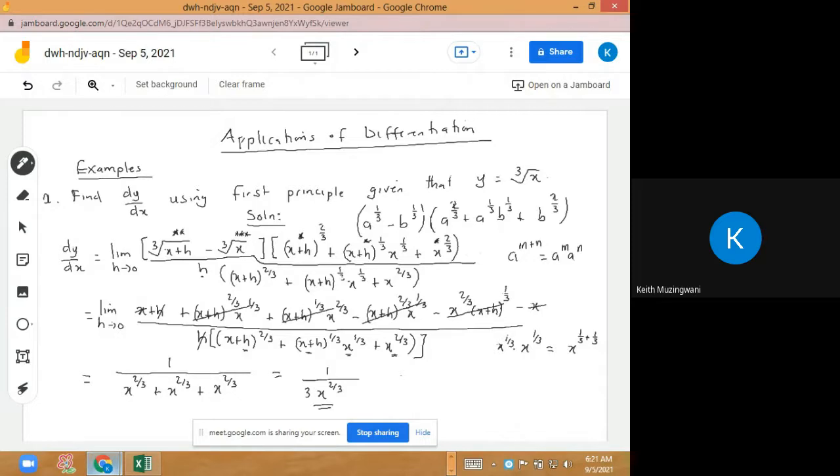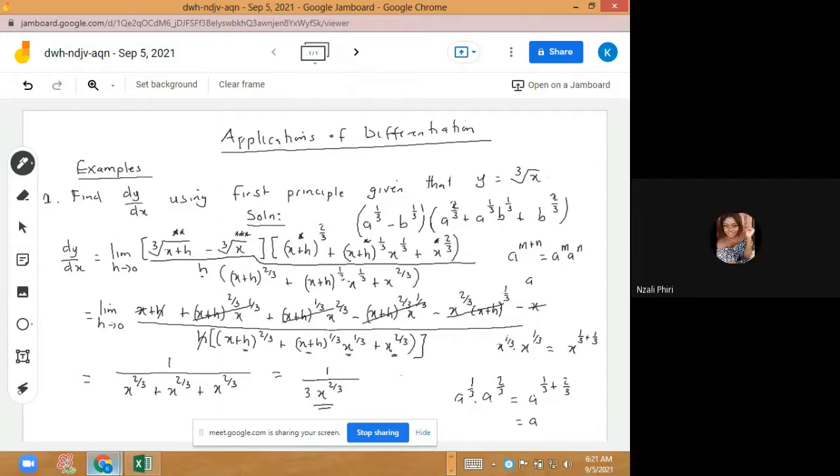So if you have a to the power 1 over 3 multiplied by a to the power 2 over 3, it's the same as having a to the power 1 over 3 plus 2 over 3. So the denominator for the power is 3, and in the numerator you have 1 plus 2, which is 3. So you have 3 over 3, giving us only a.